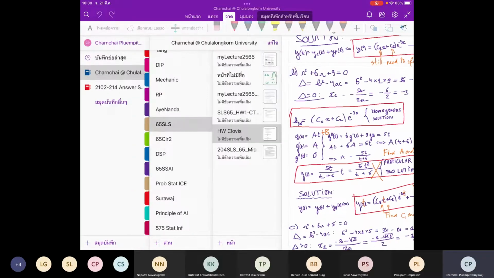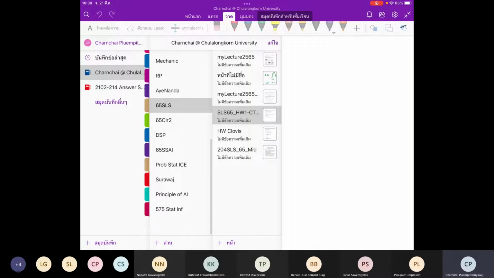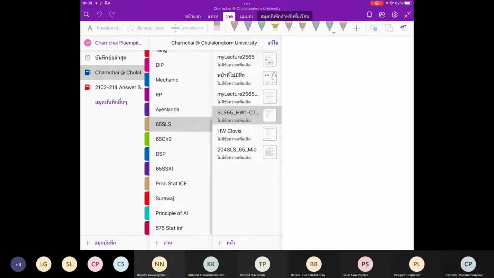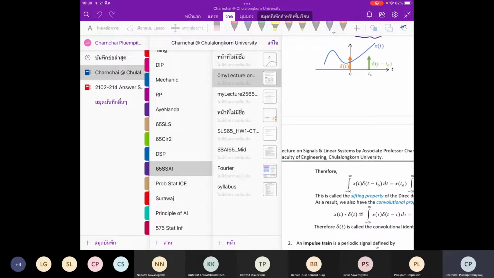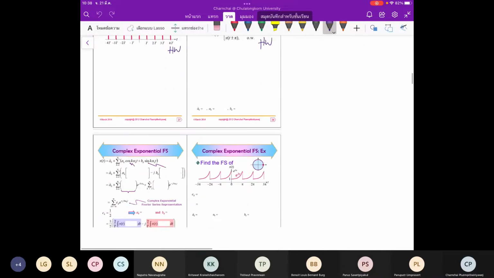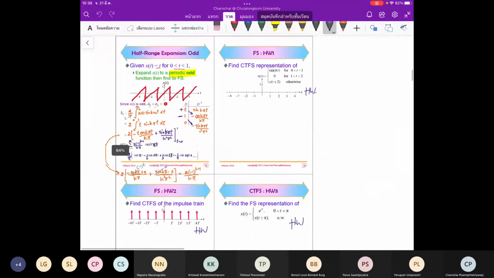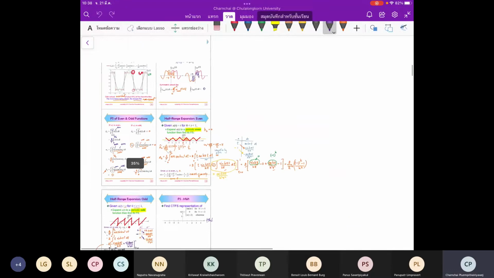Oh no, I forgot the files. Oh gosh, where were we? Hold on. How about we use this one? Okay. Did we finish Fourier transform? We didn't finish that, did we?